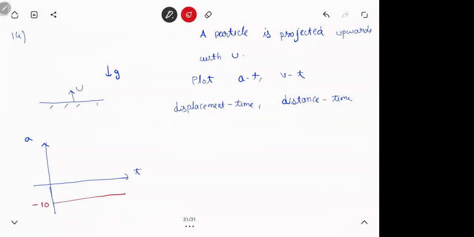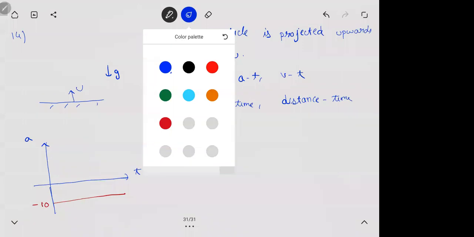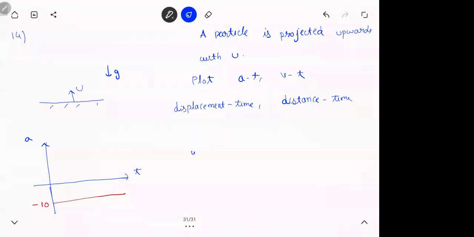Minus 10. That was all. Getting it? Constant it is. That's it. It is just a flat line below the time axis.